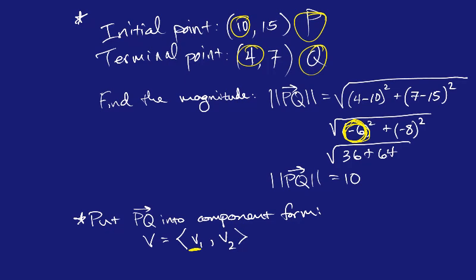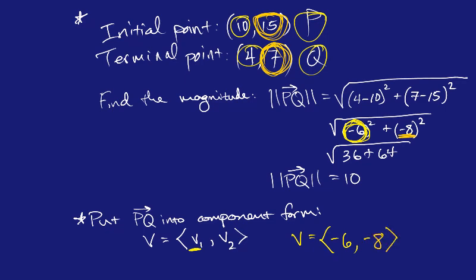So the vector component form is going to be V equals -6, and you just do 4 minus 10, comma, and then for V2, it's the vertical component, and so you just look again at P and Q right here. So 15 is where it started, and then it went down 8 to get to 7, so there was a -8 vertical movement. So -8 would be that component form.